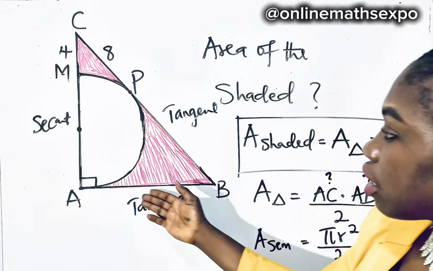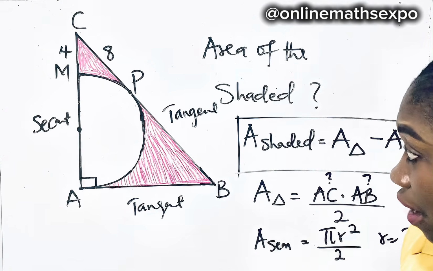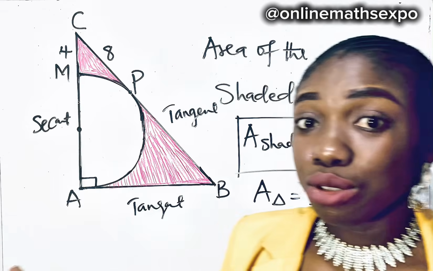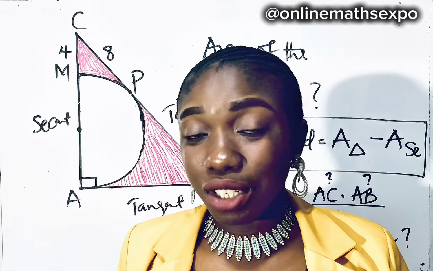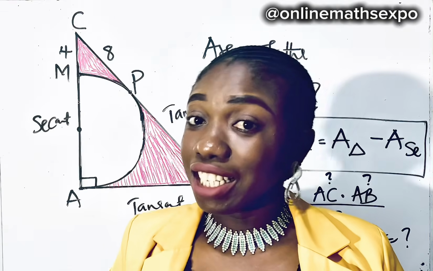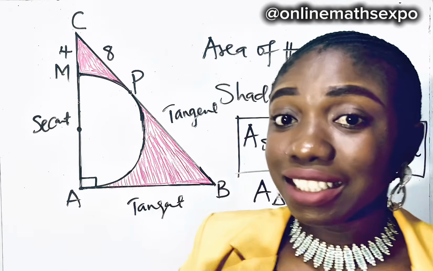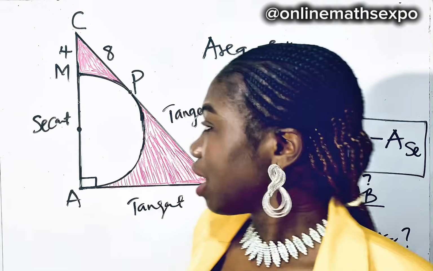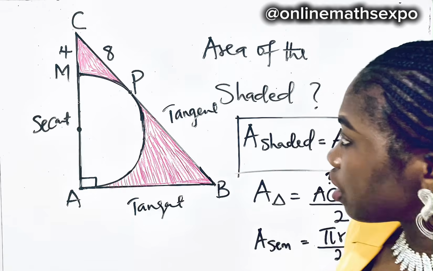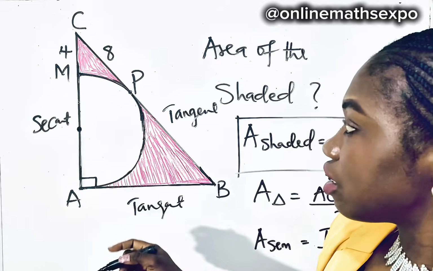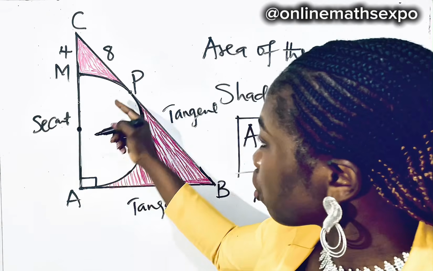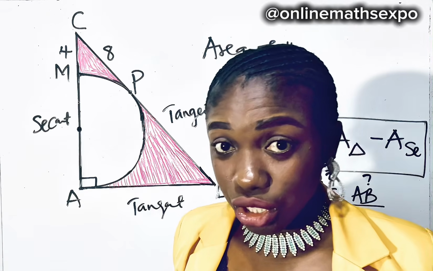Having identified the key lines in the diagram, at this point, you are free to use your tangent secant theorem. You're also free to use your tangent radius theorem. In this video, I'm going to use the tangent radius theorem. If this is a semicircle, this is the center, and a line from the center touching any part of the circumference is the radius.